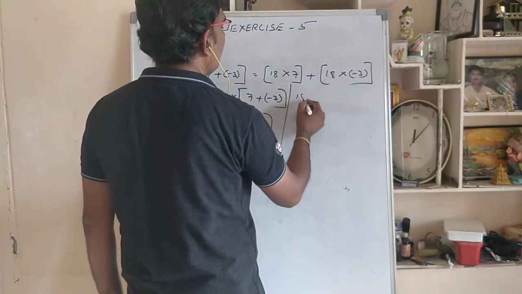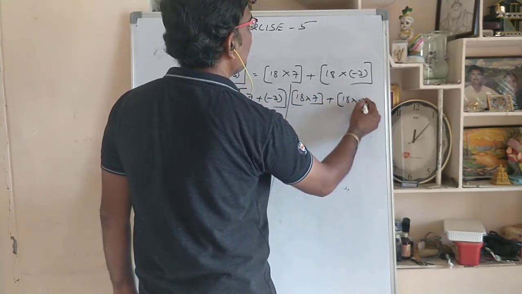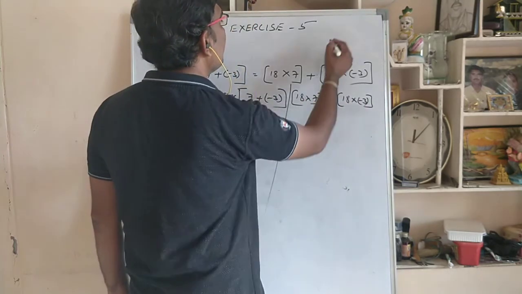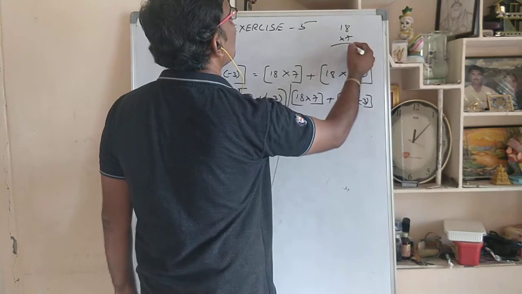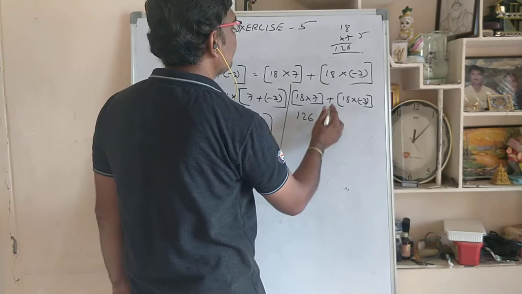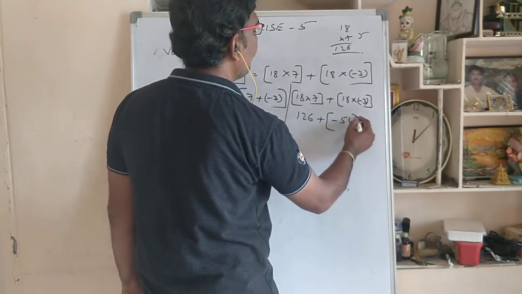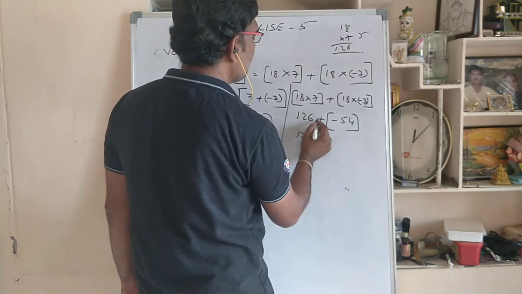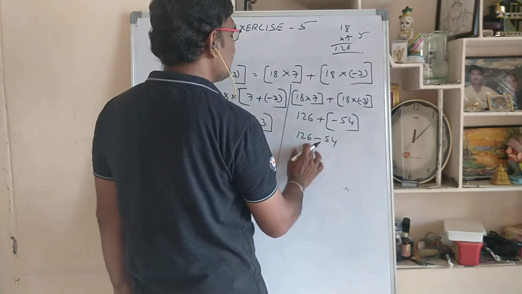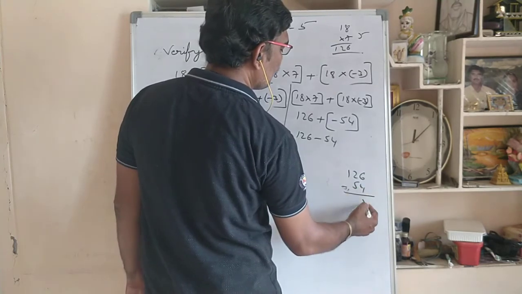What is the RHS here? 18 into 7 plus 18 into minus 3. Okay. 7 into 18, 18 sevens are how much? 126. Plus, same, 18 into minus 3 is minus 54. 126 plus into minus is minus 54. From 126 you should subtract 54. 6 minus 4 is 2.